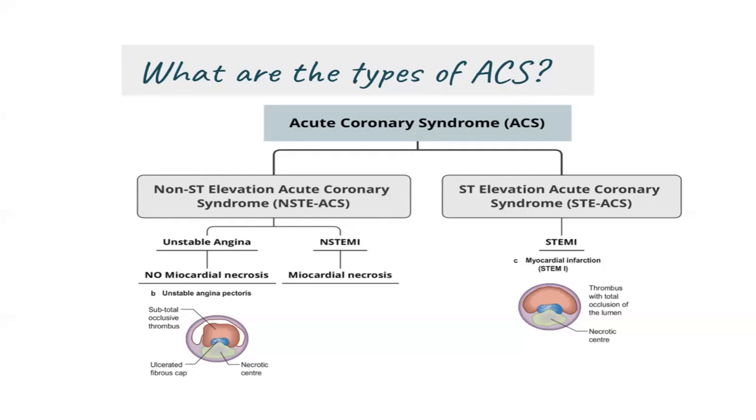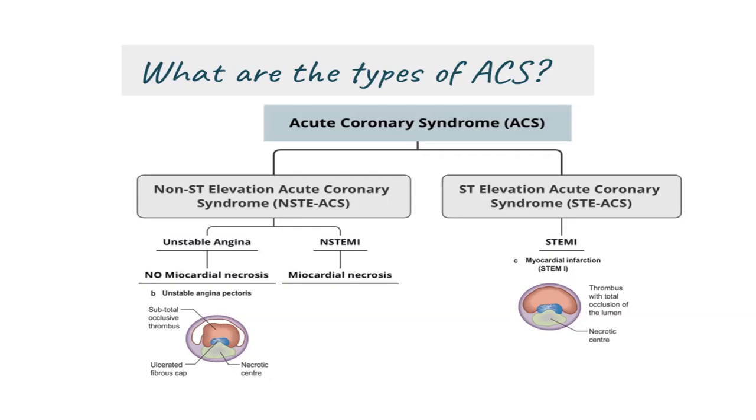In terms of the ST elevation, usually there is obviously typical chest pain that can last more than 20 minutes. You have ST changes on the ECG, where the ST elevation is basically due to the transmural infarction, which is an infarction that is involving the whole of the myocardial thickness.